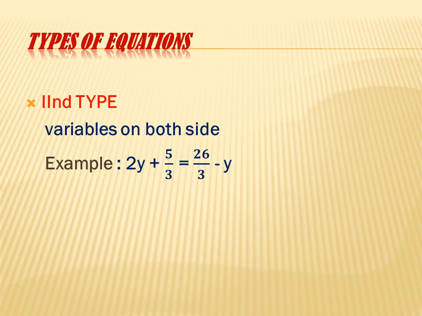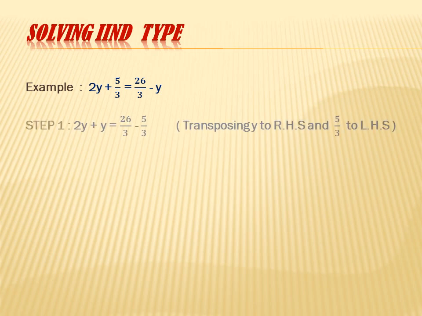Here we have a variable on the left hand side and right hand side also. Now students, we will learn how to solve this second type of equation. Let us have an example. Again, we have 2y plus 5 by 3 is equal to 26 by 3 minus y.